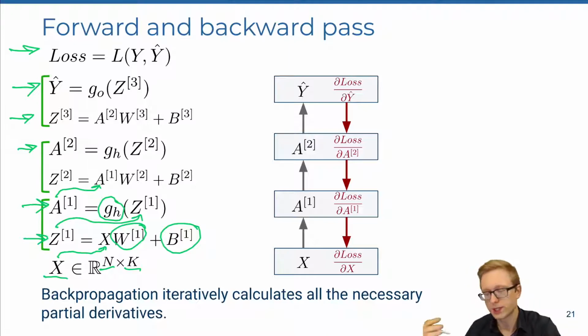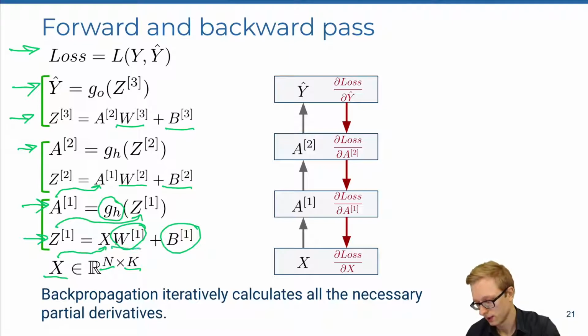Now, when we're training our model, then we want to update our model parameters, and we want to update all the parameters throughout this network. So these are all the weight matrices and all the biases.